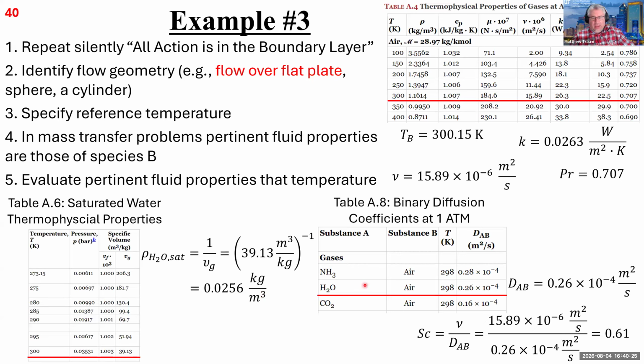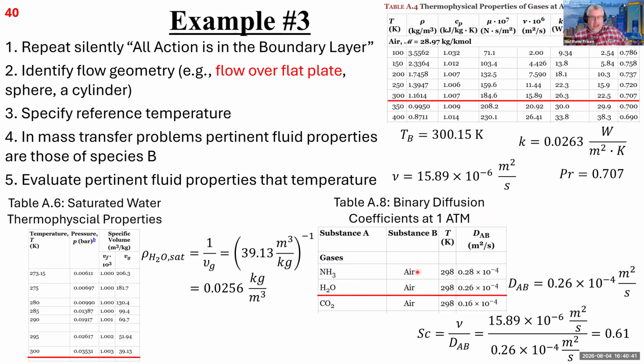Then I need a diffusion coefficient, because I'm now talking about Sherwood number correlations, which have diffusion coefficients and Schmidt numbers. In the book, we have substance A, water, diffusing through substance B, air, at about 298 Kelvin, and that diffusion coefficient is about 0.26 times 10 to the minus 4.